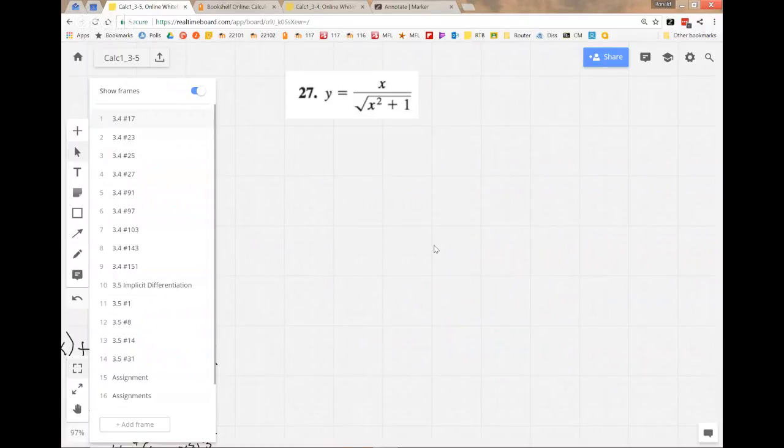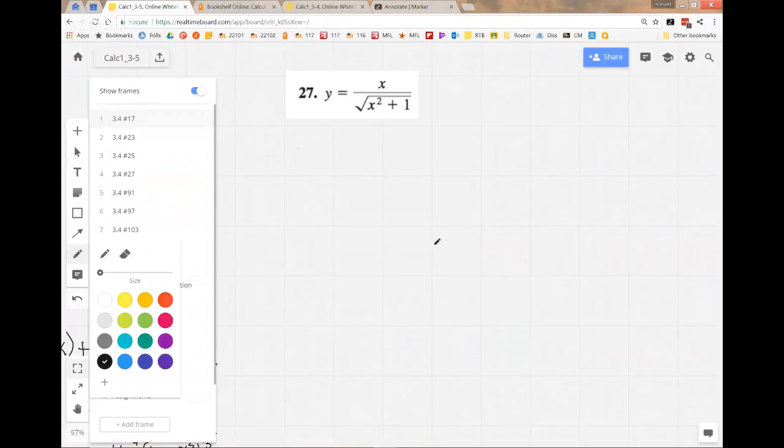So what would you say overall, what do we have here? We have a quotient. So we're going to have to use the quotient rule. Actually, we could do it that way, or we could rewrite it. So let's think about doing this.